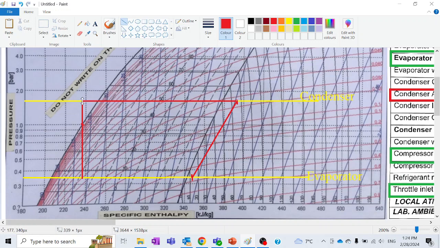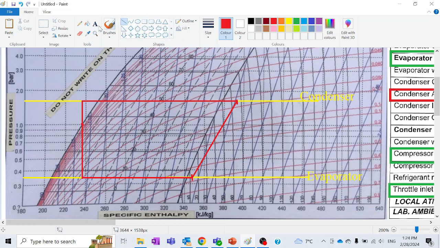It is a throttling process, and at the end it enters the evaporator, and then from the evaporator, heat is exchanged and it reaches that point, the vertical line, and enters the compressor. So this is how we can trace our points and then a complete diagram.